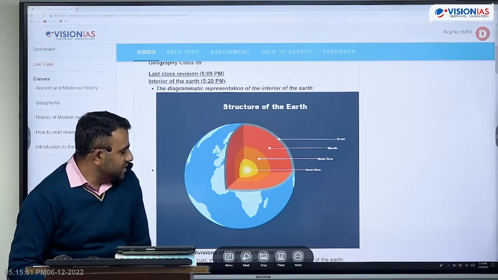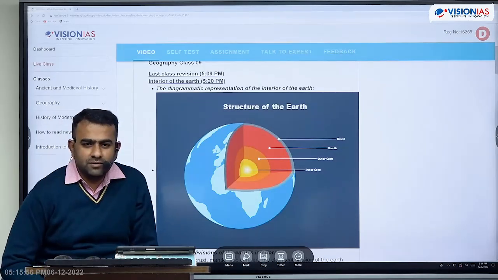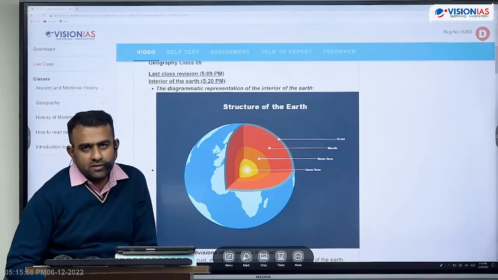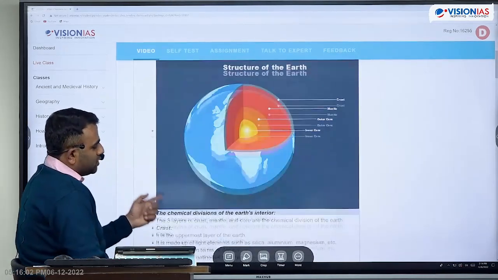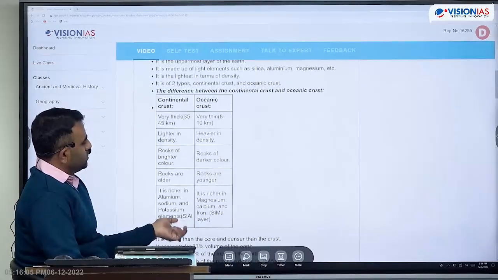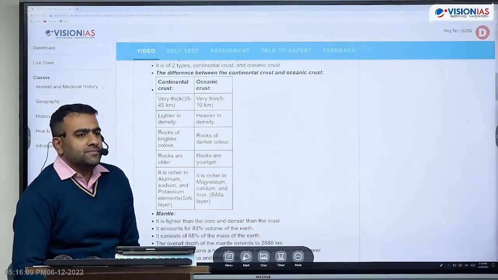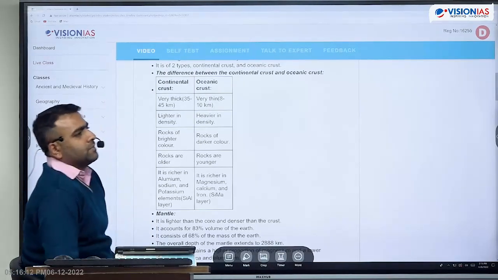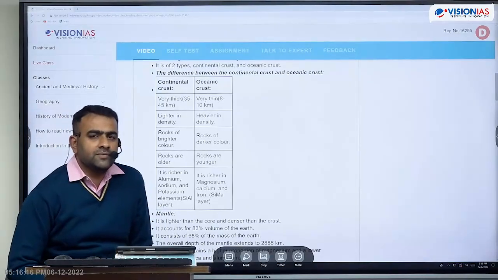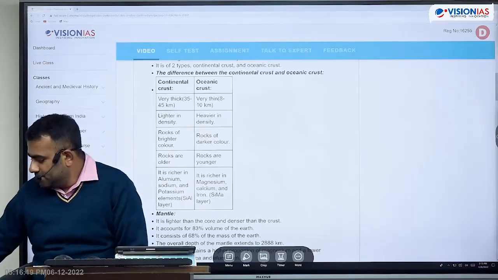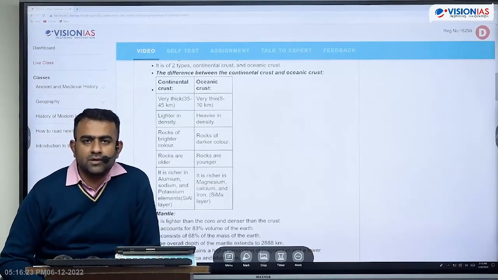The crust is divided into continental crust and oceanic crust. Mantle is divided into upper and lower mantle. Core is divided into outer and inner core. So we discussed the brief characteristics between them. Most importantly, the difference between continental crust and oceanic crust. Continental crust is the crust near the continents, the parts which we call the continents, right? It is made up of majorly lighter elements like silicon, aluminum, SIAL.